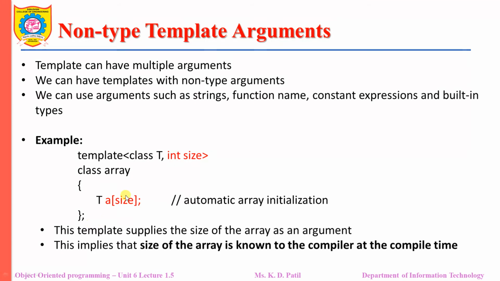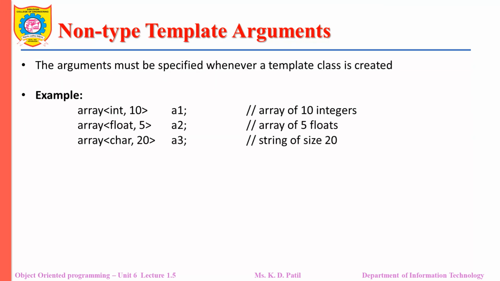If you observe this complete example, this template supplies the size of the array as an argument, and this implies that the size of the array is known to the compiler at compile time. That means here we have not specified any size like 10 or 20. So the size will be known to the compiler at compile time.